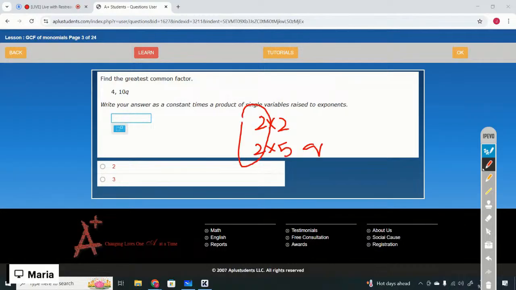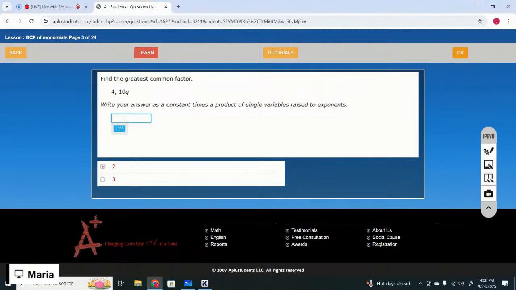So the common factor is 2. Option number 1 is the correct option.